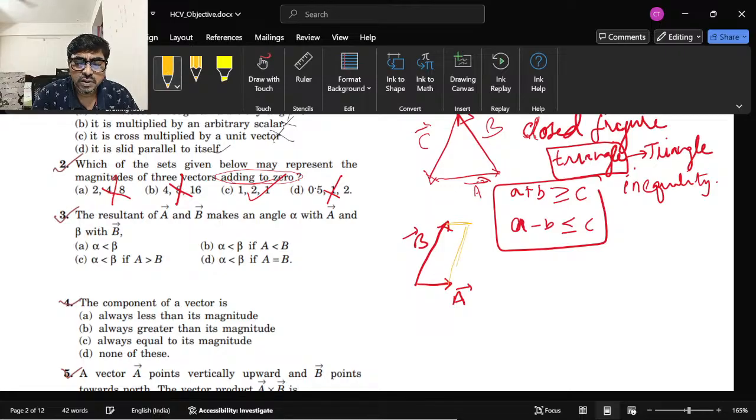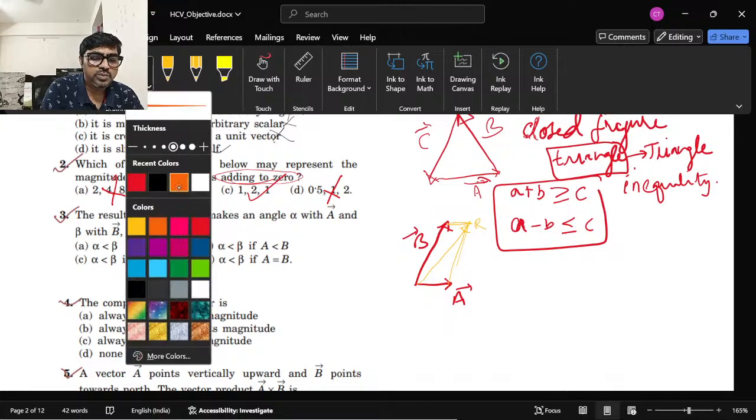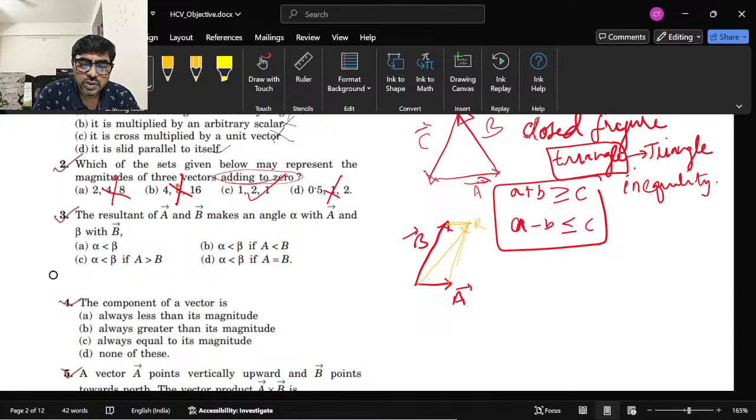And this is the resultant. That is the resultant, meaning what are the angles it is making, you see. This is alpha and this is beta. You see that alpha is more, beta is less.